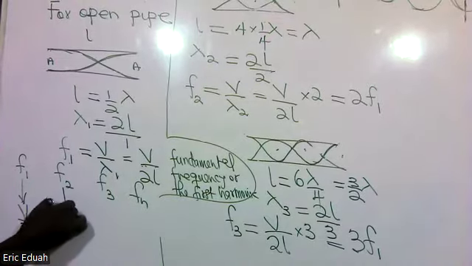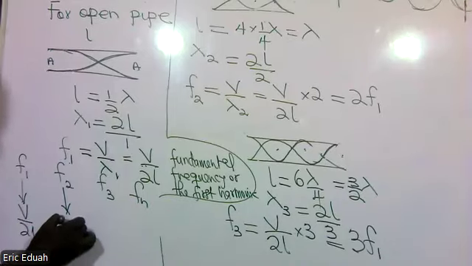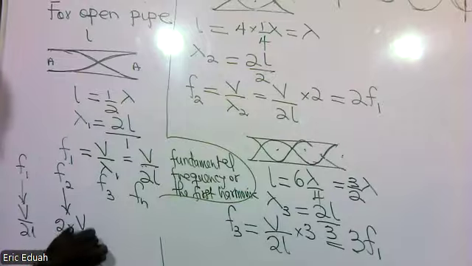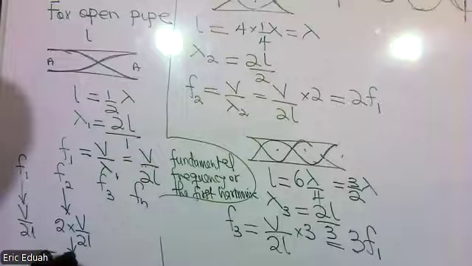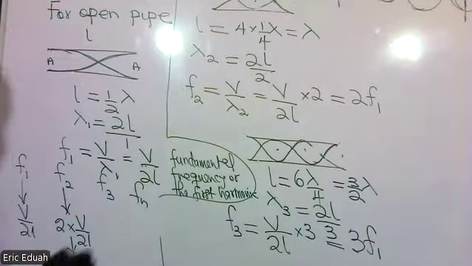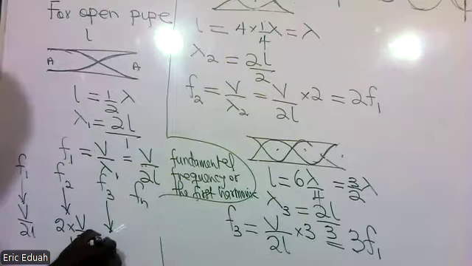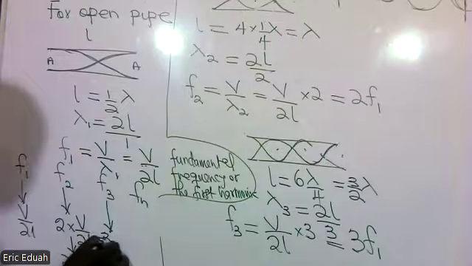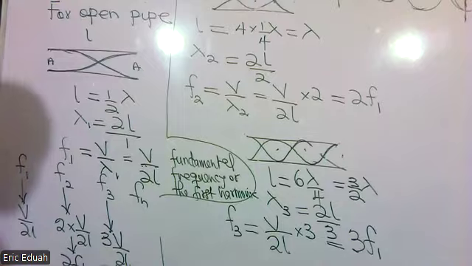F2, we had 2 times V on 2L, which is also the same as 2F1. F3, we had 3 times V on 2L, which is also the same as 3 times F1.